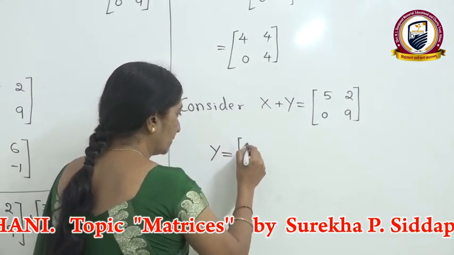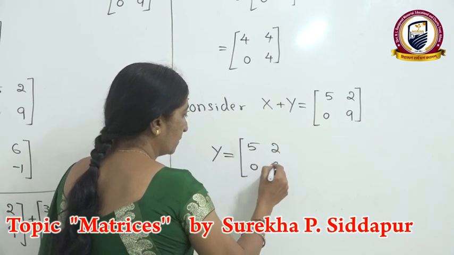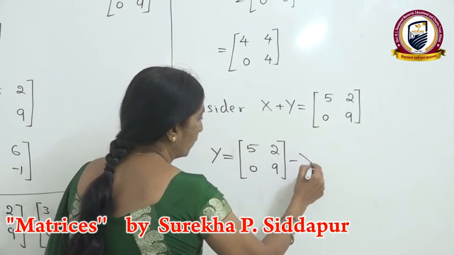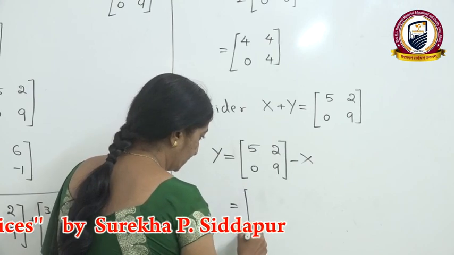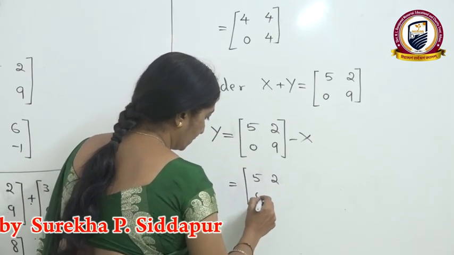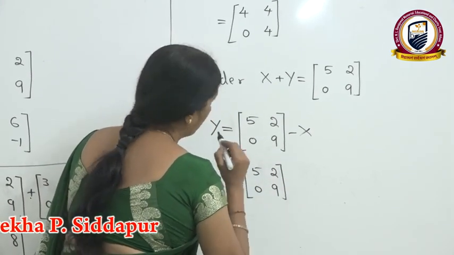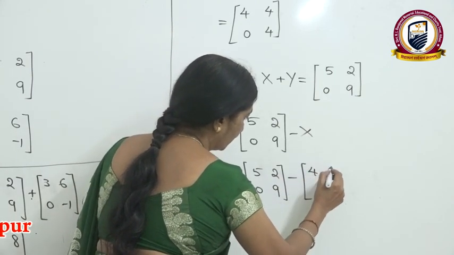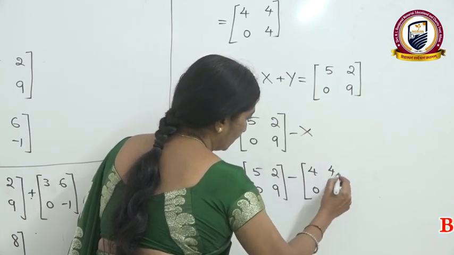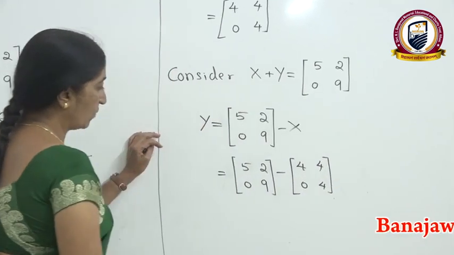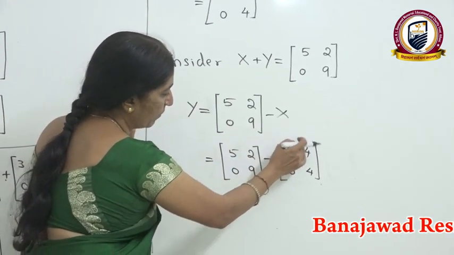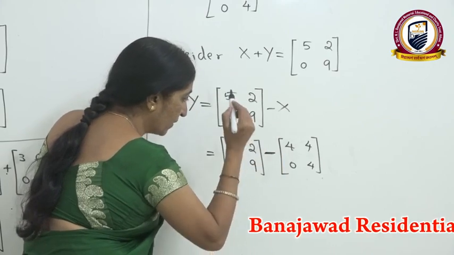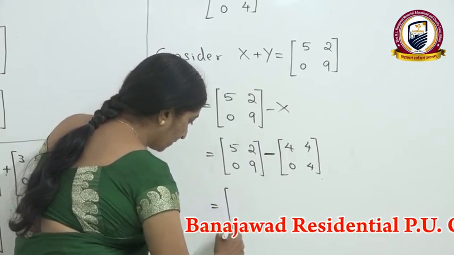Then how do you write? It becomes Y equals the matrix minus X. And we already calculated X. Write down those matrix values.